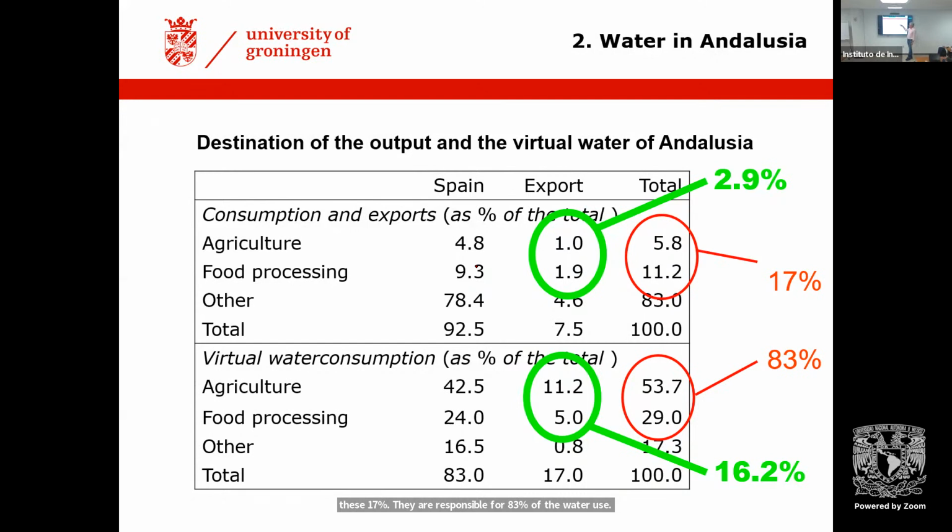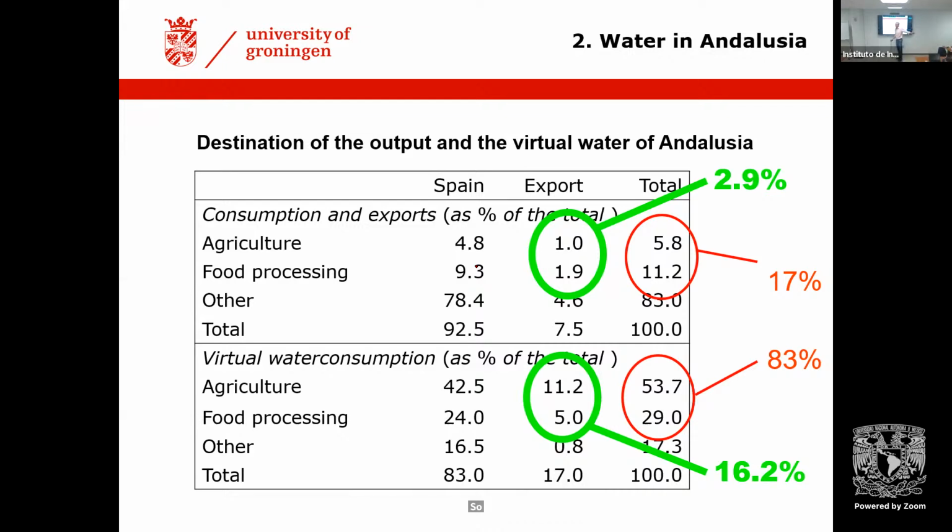Exports of agriculture and food processing are good for 3% of the final products. But this 3%, 2.9%, is responsible for more than 16% of the virtual water in Andalusia.